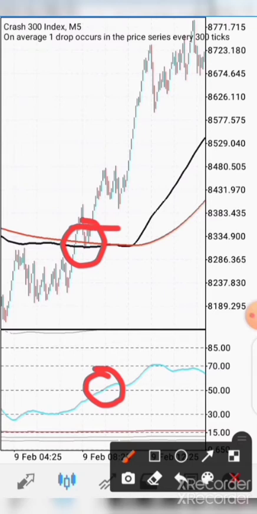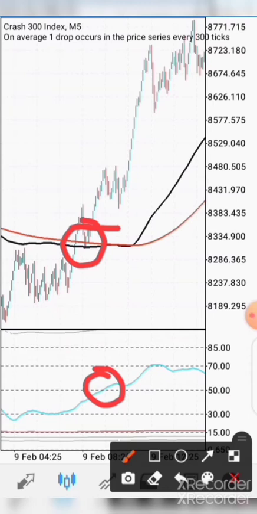If you want to minimize your loss, as long as this price remains above this moving average here, hold your trade.